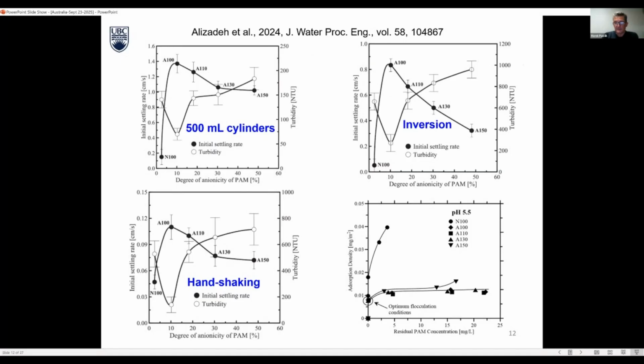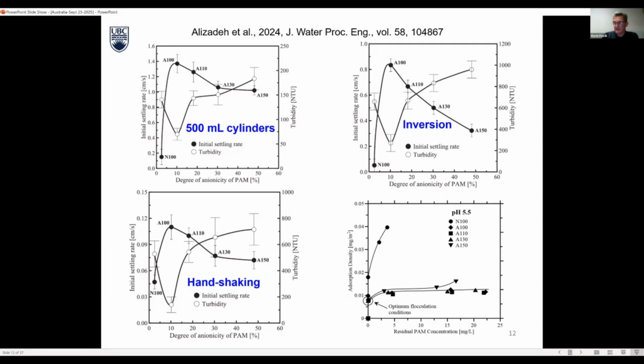Whether we used cylinders, handshaking or inversion, the data fall on very similar trends. You can appreciate that the absolute numbers for the initial settling rate and turbidity values are different. That's a reflection of different hydrodynamic conditions. But the trends as a function of the polymer type, in this case plotted as a function of the degree of anionicity, are nearly identical.